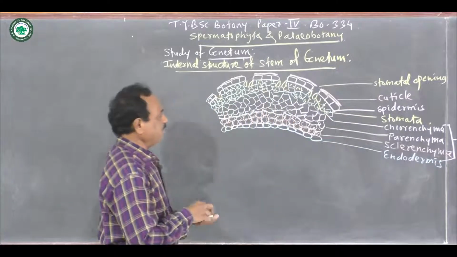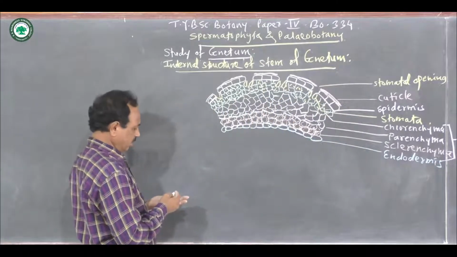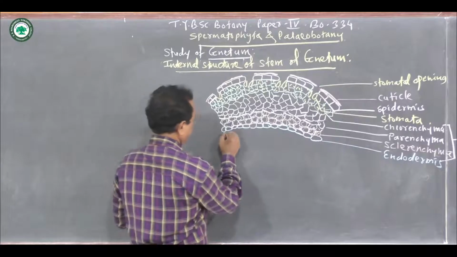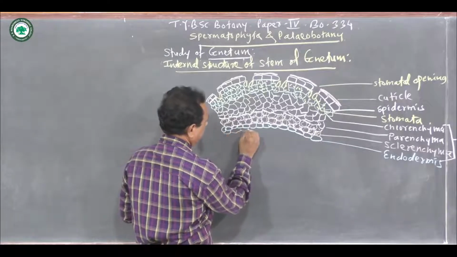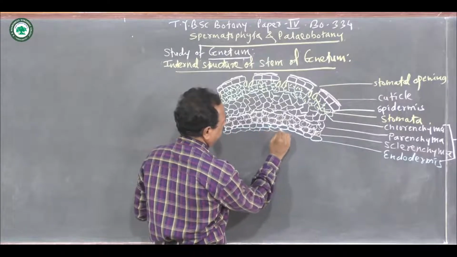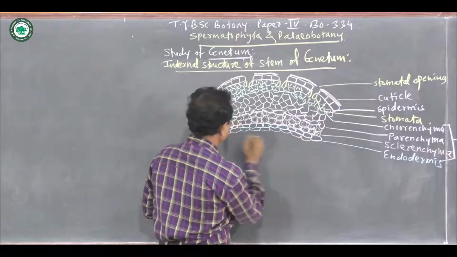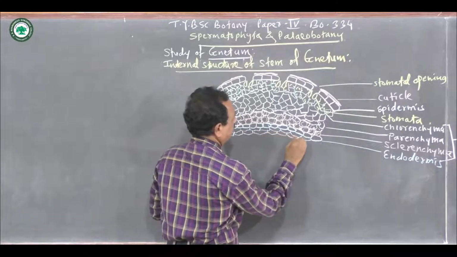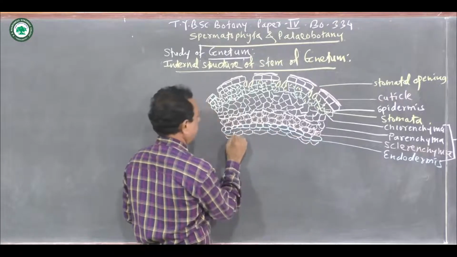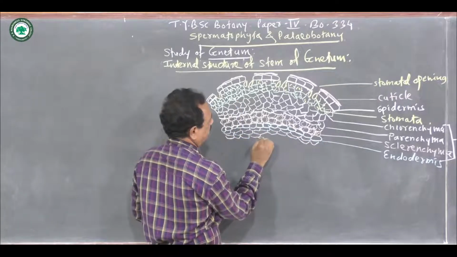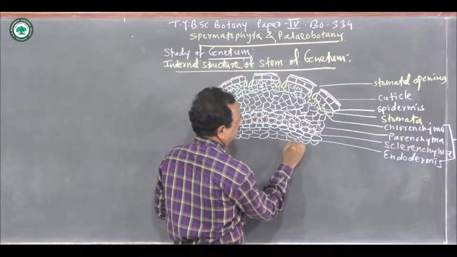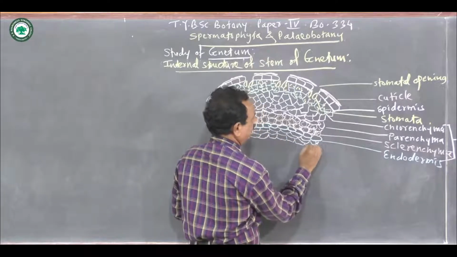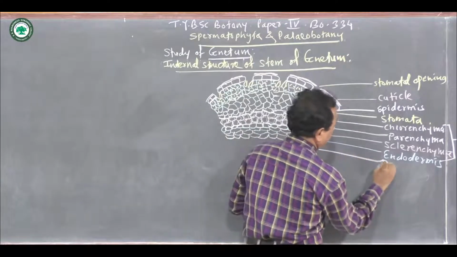Inner side to this endodermis, there is a presence of the pericycle. So the pericycle is few layered. So thus this is the pericycle.